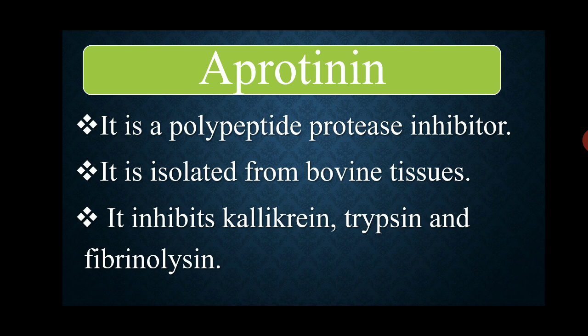Aprotinin is a polypeptide protease inhibitor drug, isolated from bovine tissue, and this agent inhibits kallikrein, trypsin and fibrinolysin enzyme.